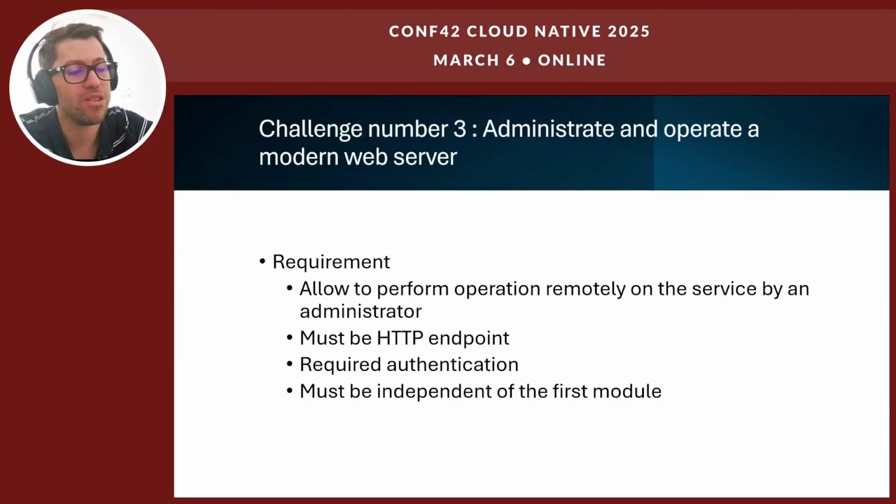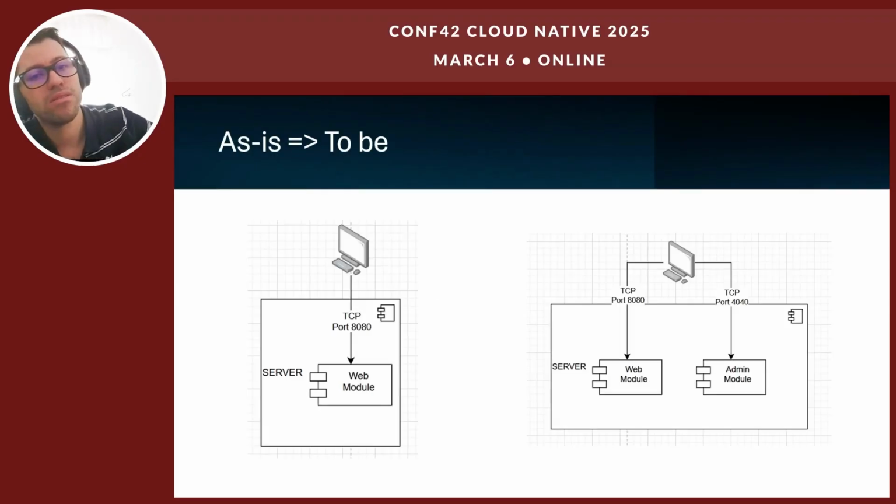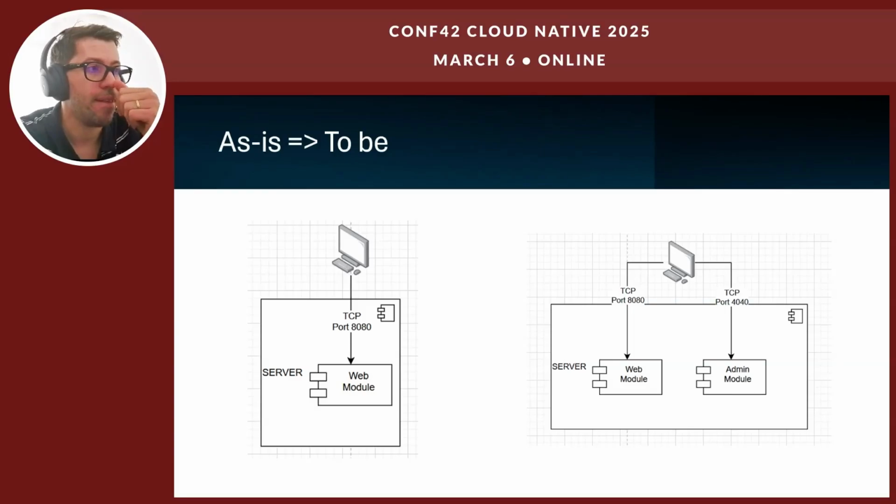So we could do that, but another requirement we also want is an administration service that is independent of our main module, the web module, to have better control over both. In fact, I want a transition from my architecture where I have one web module with the TCP listening on port 8080, to two modules, one web module and one admin module, listening one on port 8080 and the other on port 4040.